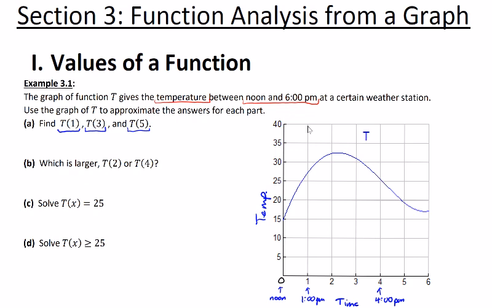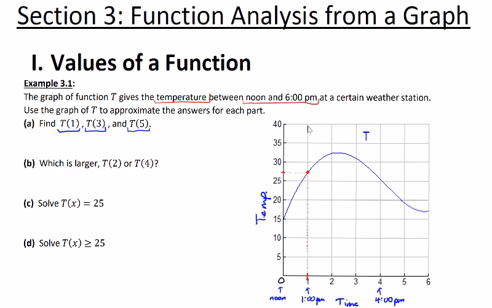So coming over here to where I see 1, if I carry that up to the curve, I will eventually find a point that I can associate with time 1. And then I can go horizontally from this point until I get over to the vertical axis, at which time I can see that I have a value somewhere between 25 and 30.